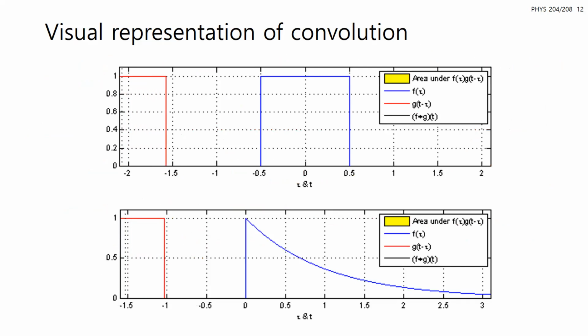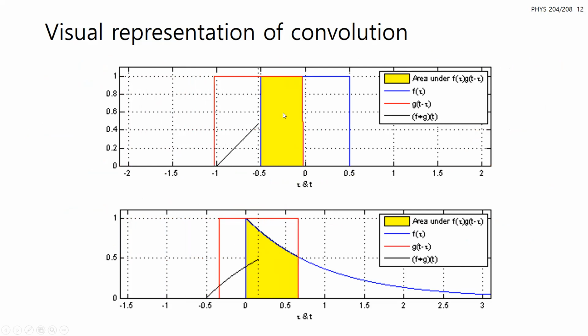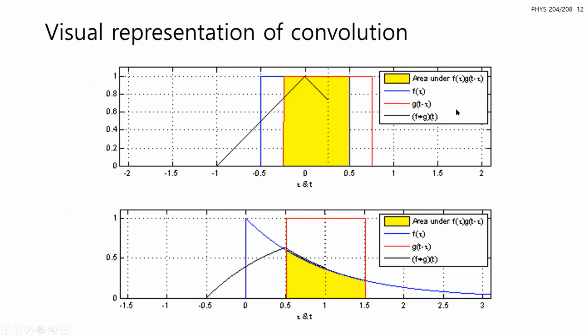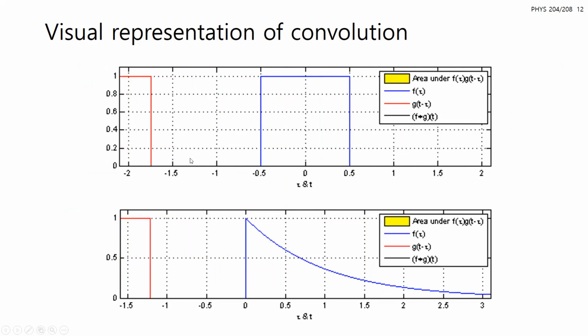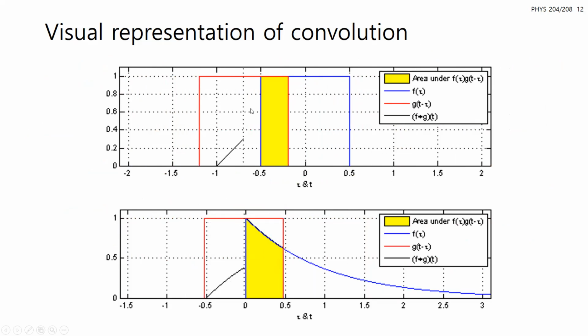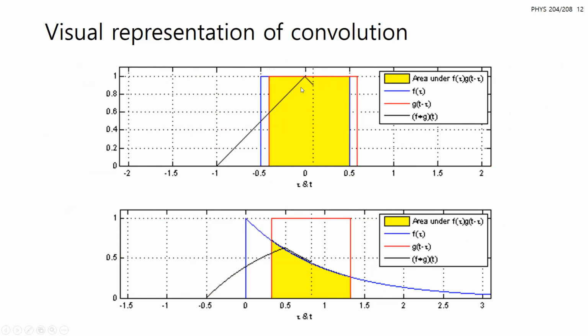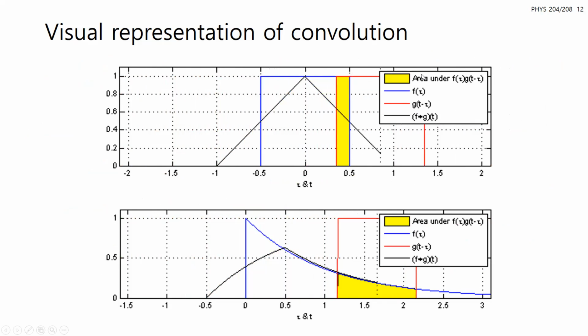I've included these animations here that are stolen from Wikipedia, but are very nice and much clearer compared to my hand drawing, where we have 2 step functions shifting past one another. The blue is your first function, your red is F2. This black line represents your convolution. And the yellow is the area under that integral in between there.